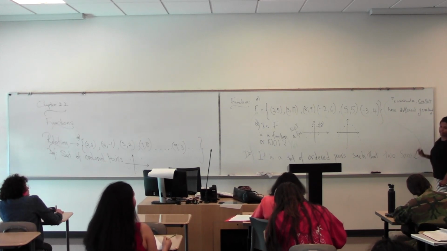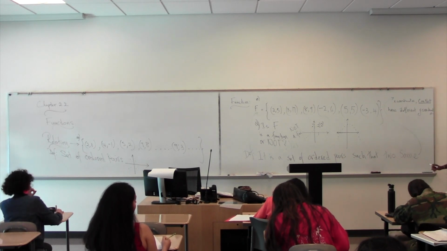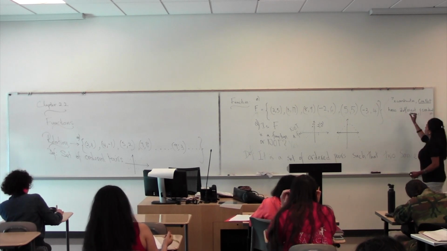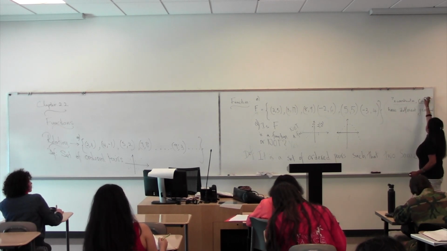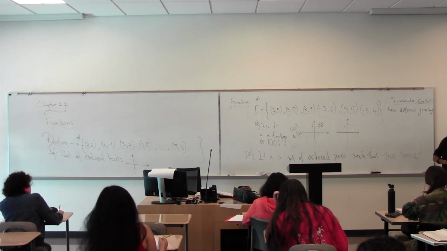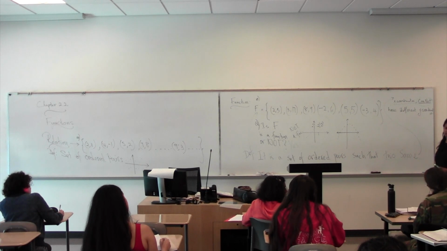That's all we need to check. If you say it this way, for two same x coordinates, you need to use the word cannot. Cannot have two different y coordinates.